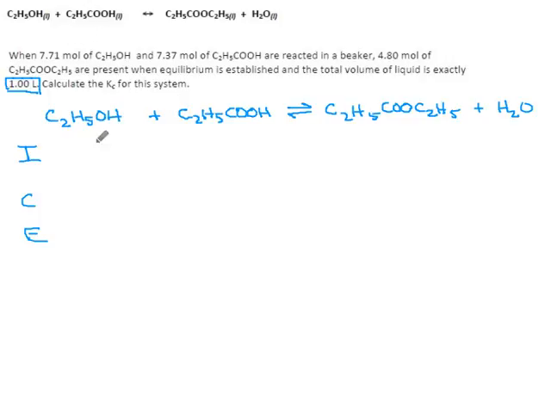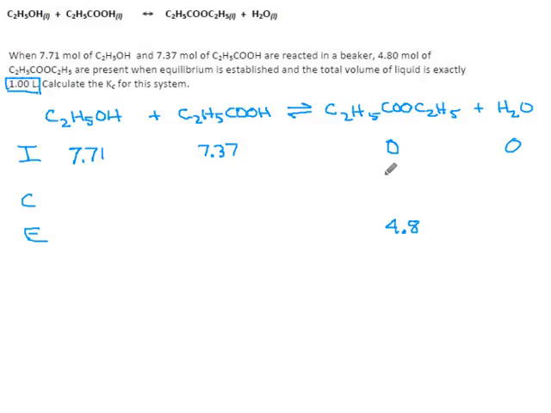So they say we start with 7.71 of ethanol and 7.37 of propanoic acid. And they say just those things are reacted in beakers, so I conclude there were none of these before the reaction began. And when the dust settles, we have 4.8 moles per liter of ethyl propanoate over here.